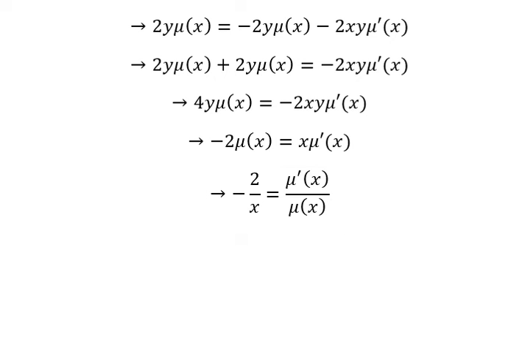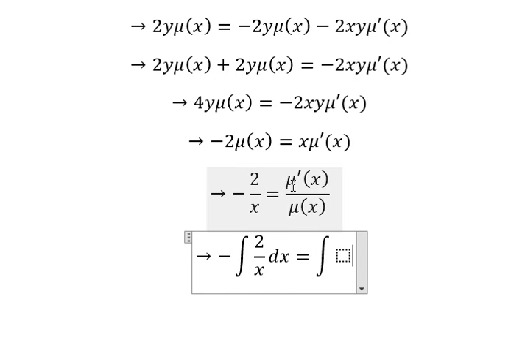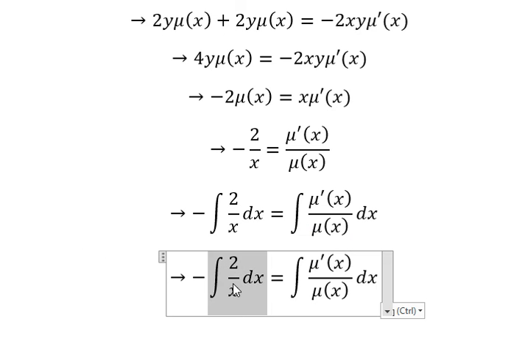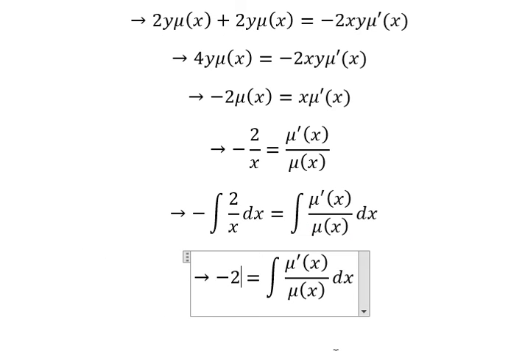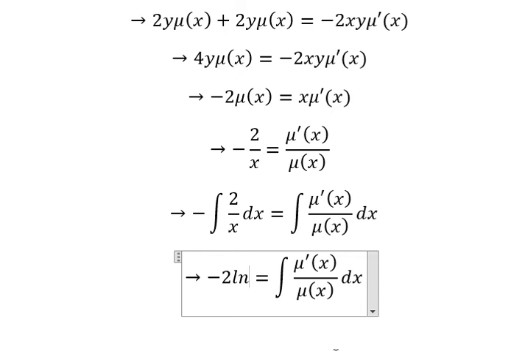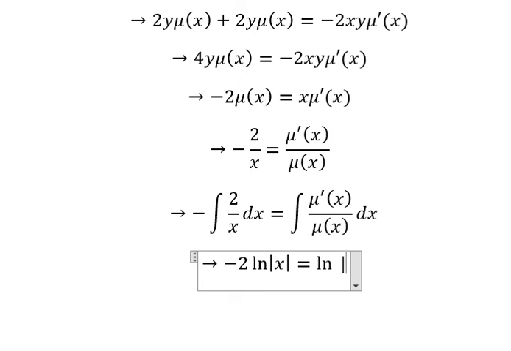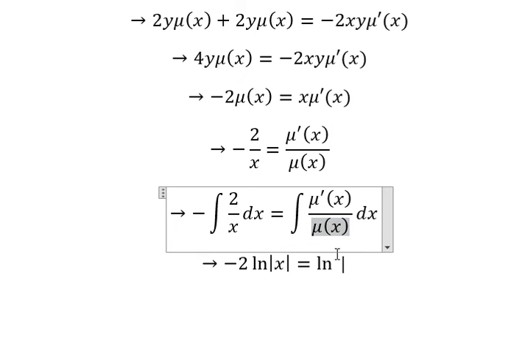Next, we put the integration for both sides. So the integration of this one, we have number 2 ln of the absolute value of s. The integration of this one, we have ln of the absolute value of mu s.